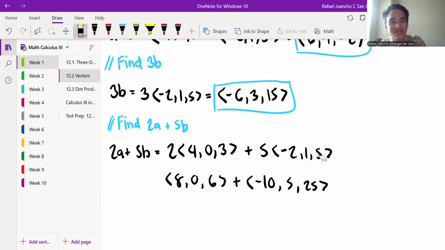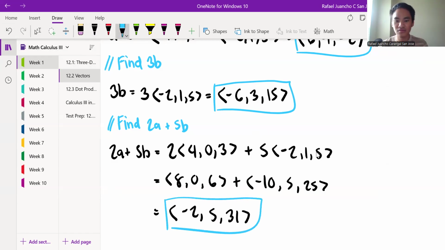I should put the equal sign here just to make it cleaner. Then we have 8 minus 10, negative 2, 5, 31. I think it should be it.